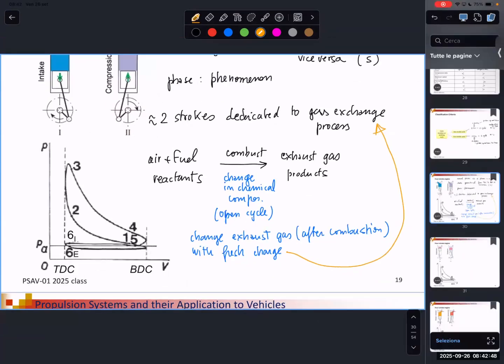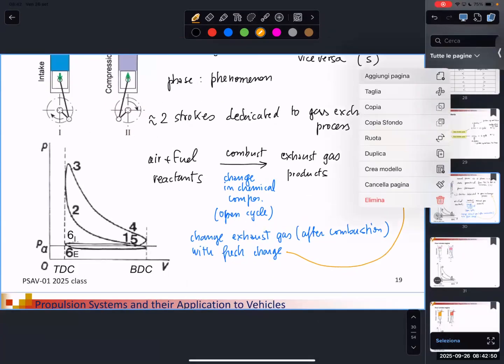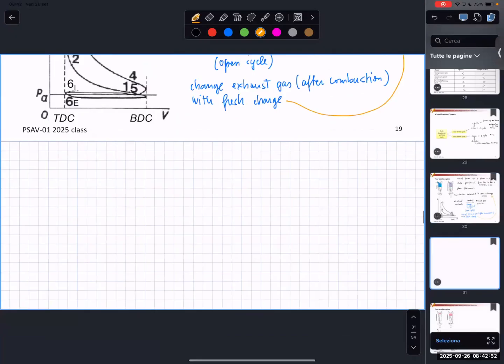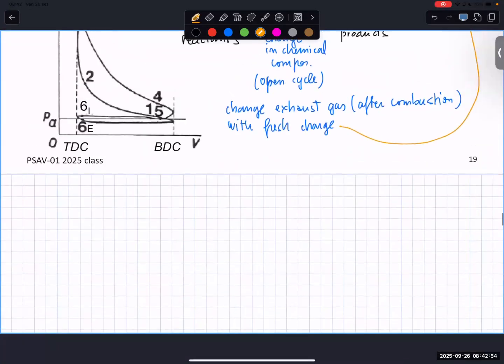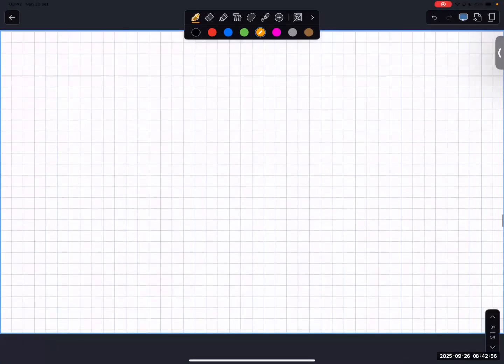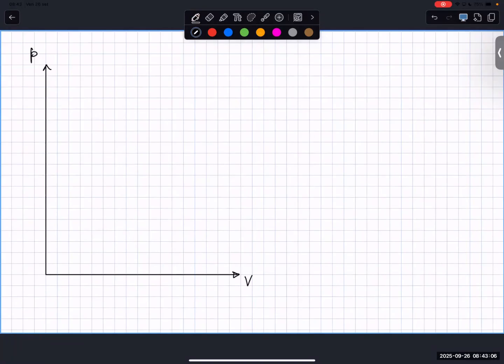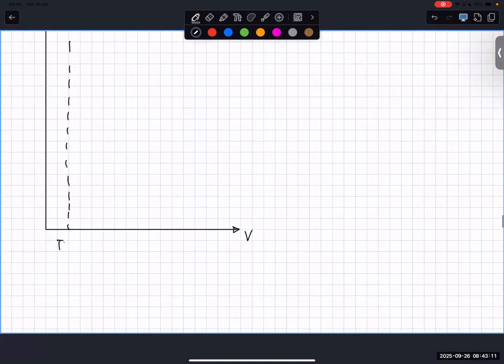Anyway, we can also try to replot it. So if this is the pressure, this is the volume. Here we have TDC, and this will be the clearance volume.